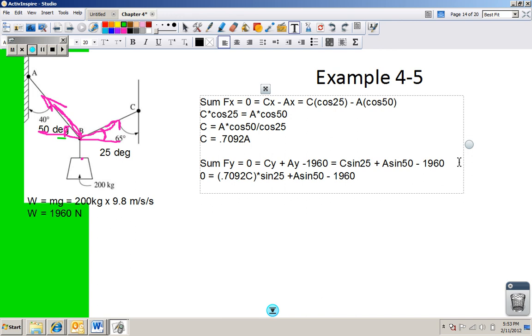Okay, so I'm going to go ahead and move the 1960 to the other side. 1960 newtons is equal to, let's do a little plugging in.